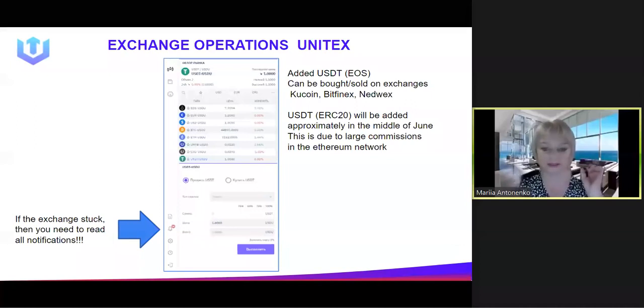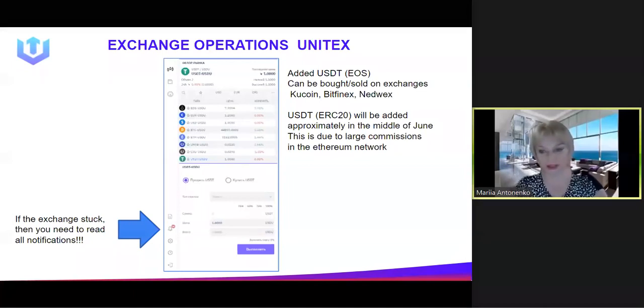If you open an order, if your order was filled, if you made a deposit, if you made a withdrawal, if you canceled your order, whatever you do on the exchange, you receive a notification in the bell below. And if you see that there are a lot of unread notifications, the screen tends to freeze.